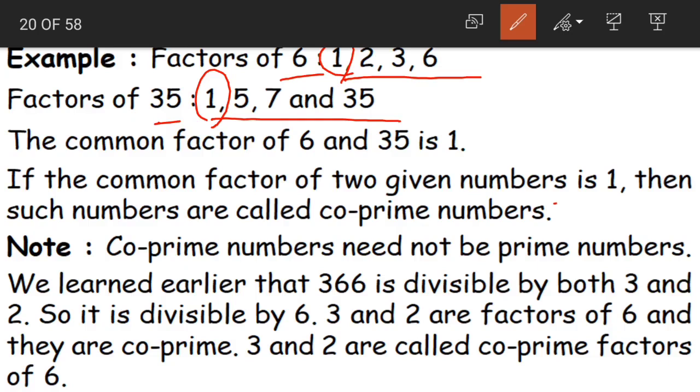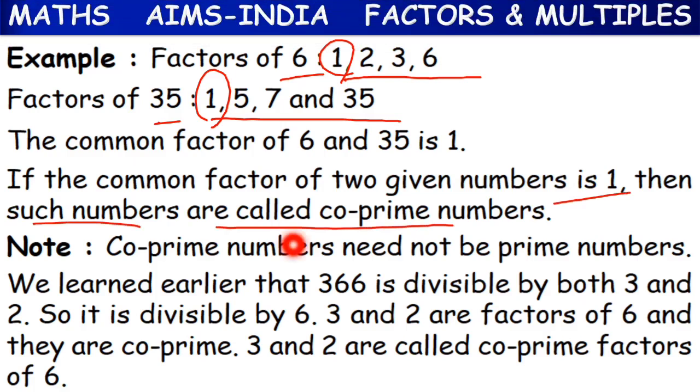As the common factor of the given two numbers is 1, such numbers are called co-prime numbers. Clear, children? Now note, co-prime numbers need not be prime numbers. Yes, what did we learn just now? See here, 6 and 35 are not prime numbers, but they are what?